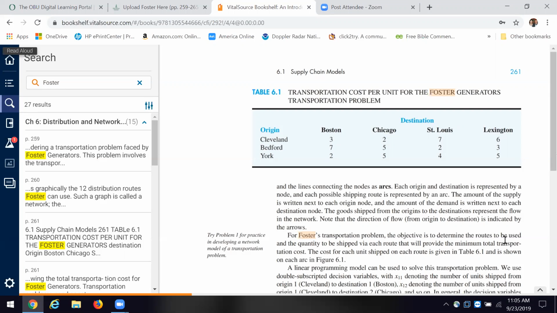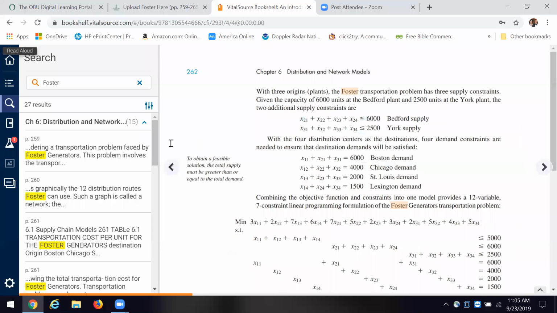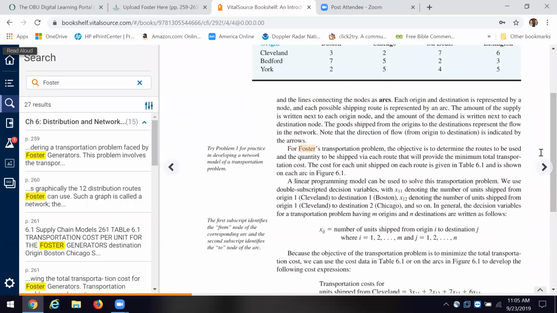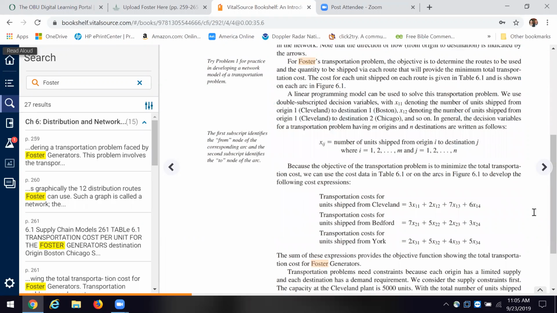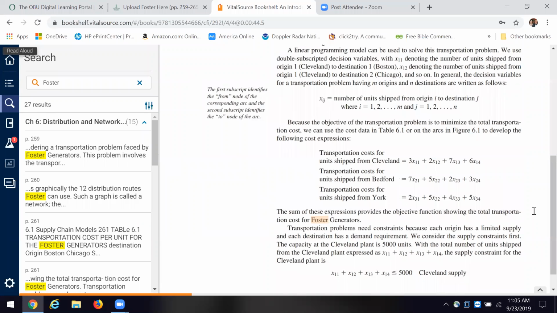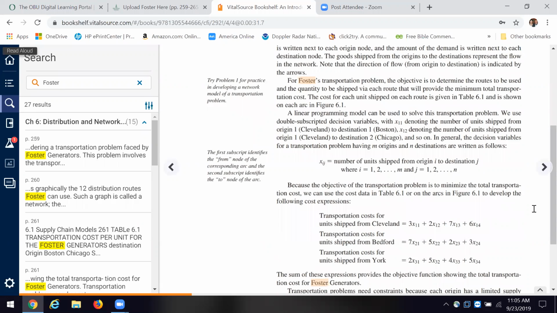Okay. Now, the bottom line is this. We're going to use the optimizer to get that accomplished. And as the authors walk us through the narrative, we start to build in some of the constraints and the cost expressions, till we can come up with an objective function.